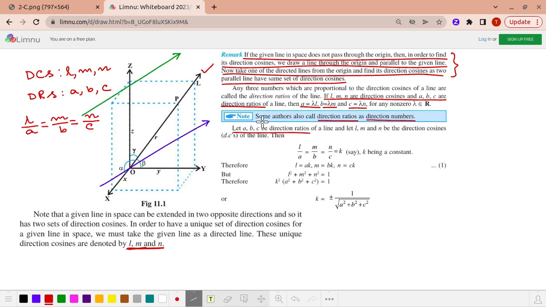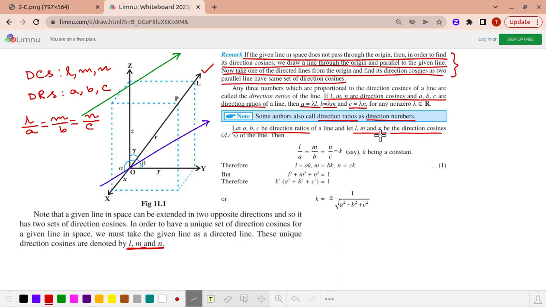And what are we going to find? We are going to find L, M, N, that is the direction cosines of this line. So if A, B, C are the direction ratios of a line and L, M, N are the direction cosines of the same line, then we are going to find the values of L, M and N in terms of A, B and C.